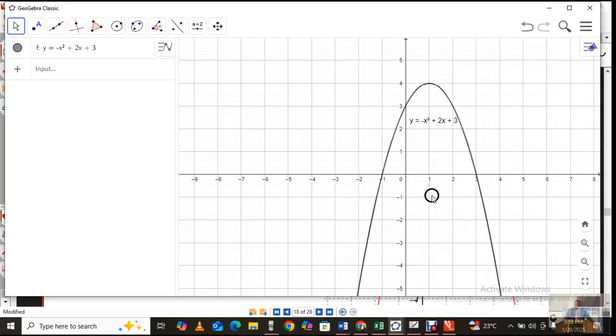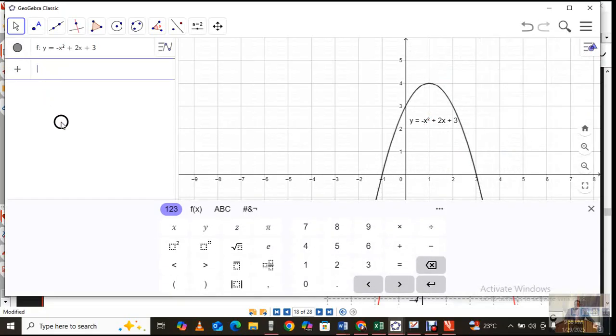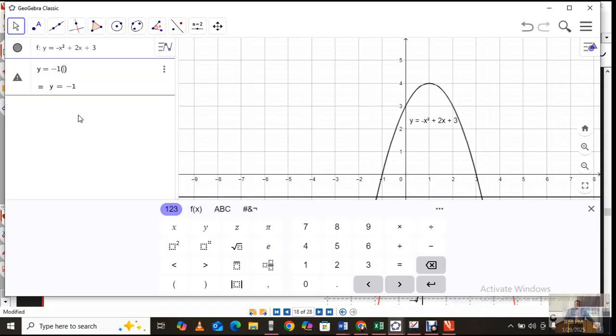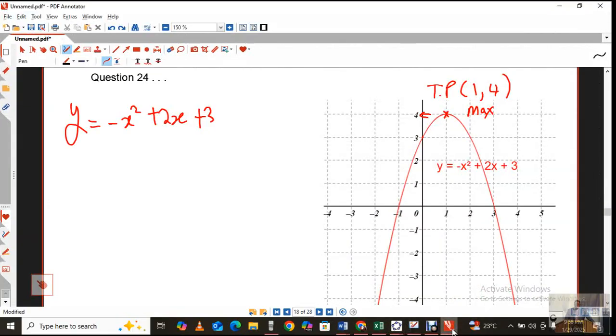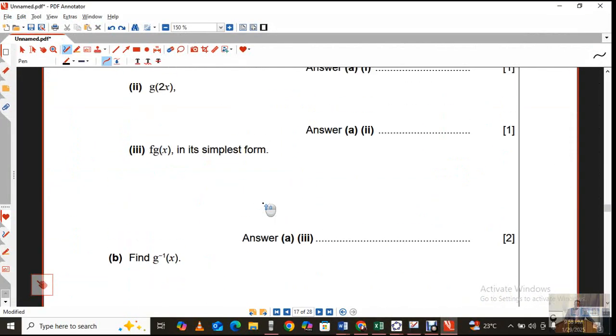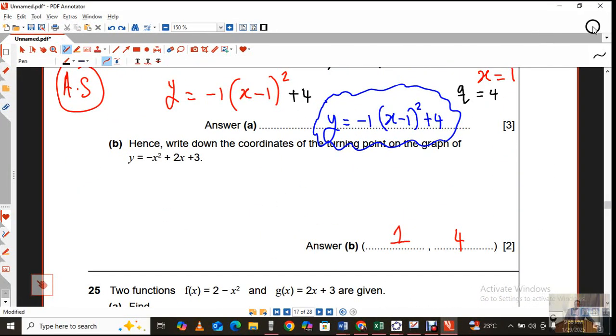If I take the same graph, and if I was to write in vertex form, it's y equals to, it was -1, I can put -1, then inside the bracket was x plus 1 in vertex form? It was x minus 1.